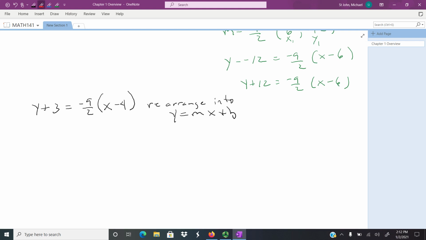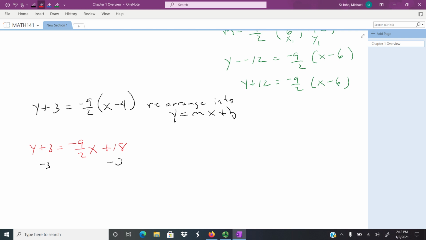So this is going to be y plus 3 equals minus 9/2 x, and minus 9/2 times a minus 4 is going to give me a positive 18. And then we just need to take the 3 over.